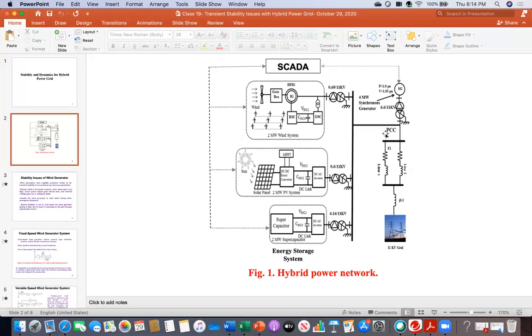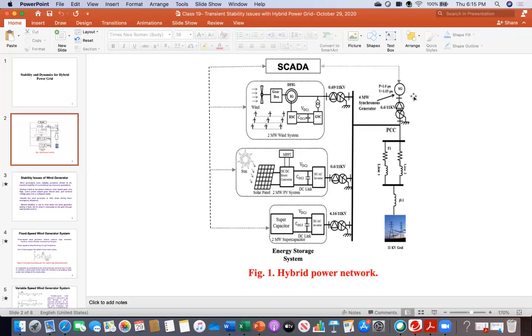In this case, I have confined it to 11 kV. As you can see, the synchronous generator secondary voltage is 11 kV. This means at this point, which is called the point of common coupling, PCC, it is 11 kV. Similarly, all sources are producing 11 kV. So clearly, this is at the distribution level.